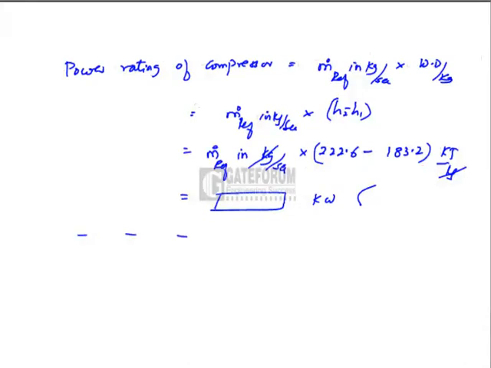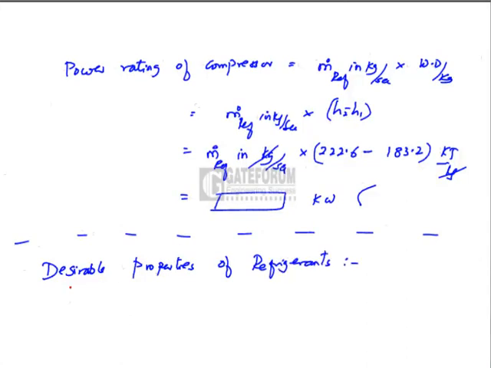Now let us discuss the desirable properties of refrigerants. First of all, what is a refrigerant? A refrigerant is an artificially made chemical substance.